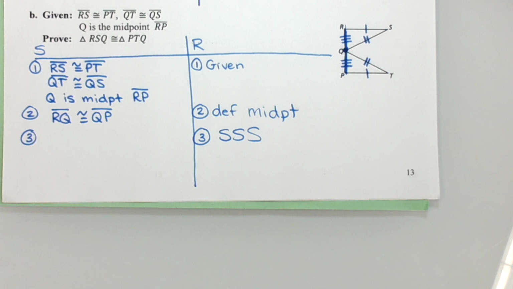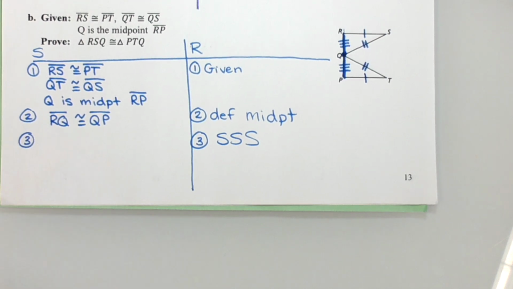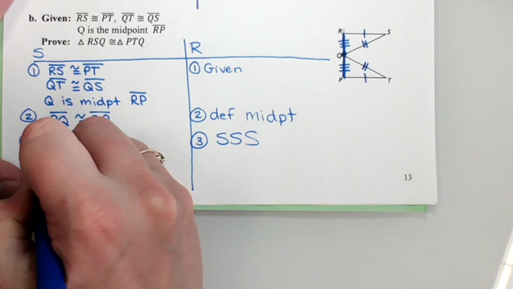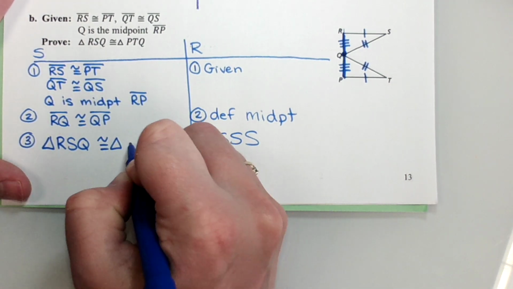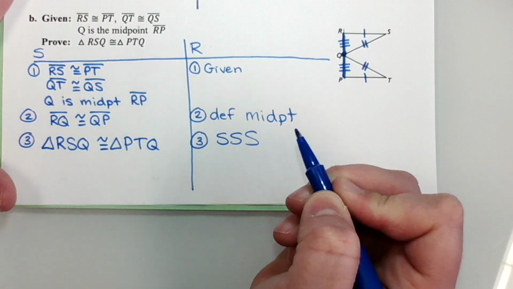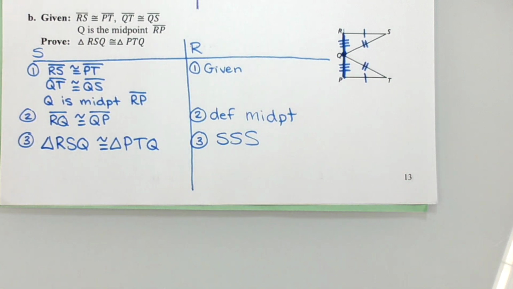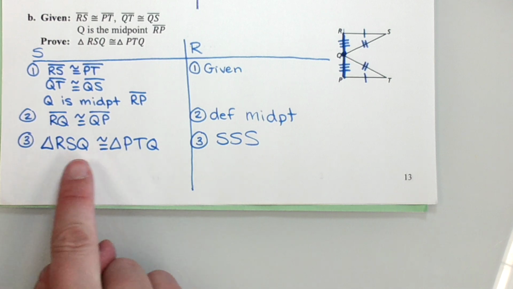But Aiden, what do I actually write here in the statement? Don't forget the triangle symbol. But yes, triangle RSQ is congruent to triangle PTQ. Aaliyah, where'd that come from?